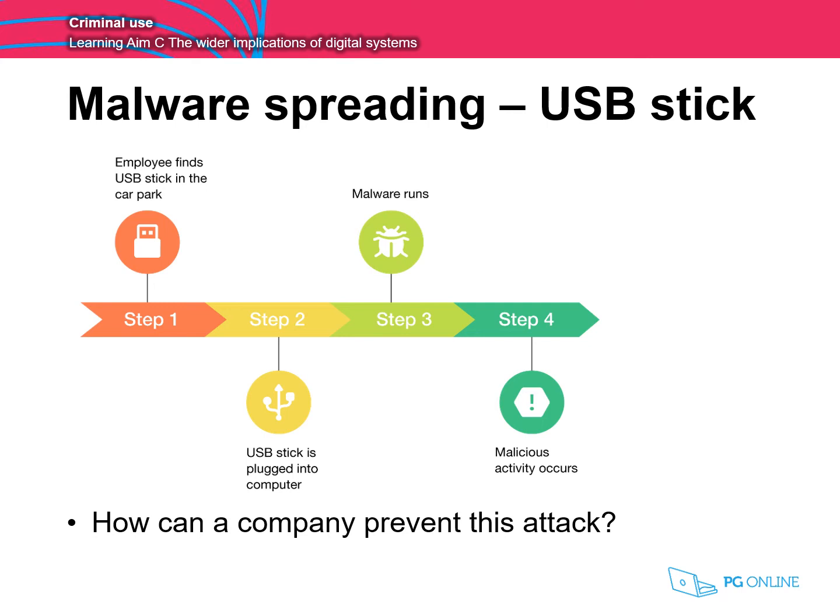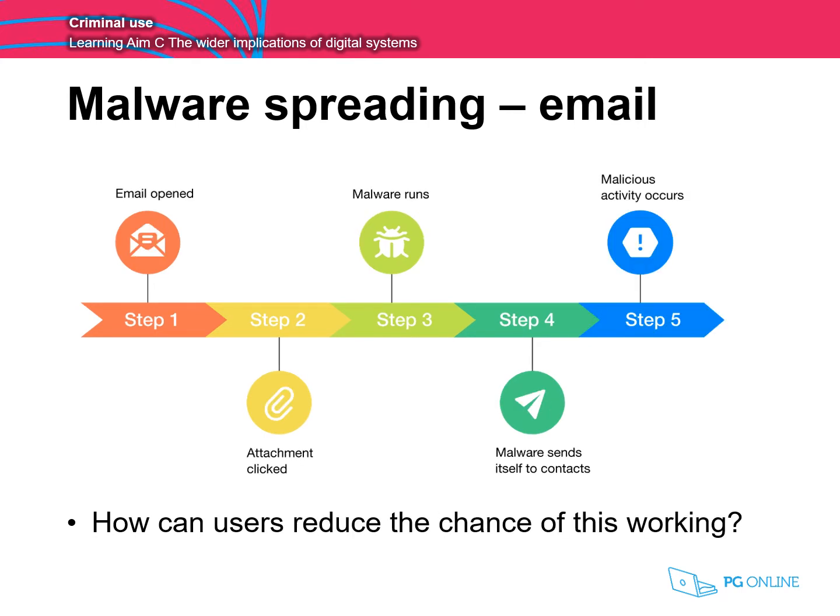This does have downsides because employees will not be able to transfer work onto USBs to take it home to finish it. Another method of spreading malware is via email attachments. So imagine you receive an email, and in that email there's a picture attachment. So you click on the attachment to download it to view it. Without realizing it, the attachment contains malware, which is then operated and run once clicked upon.